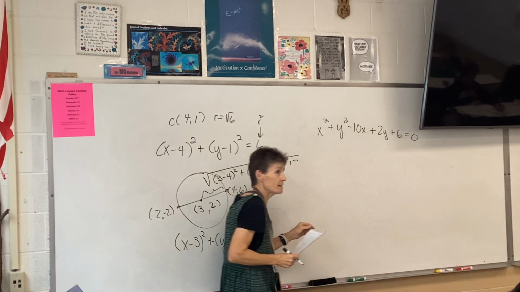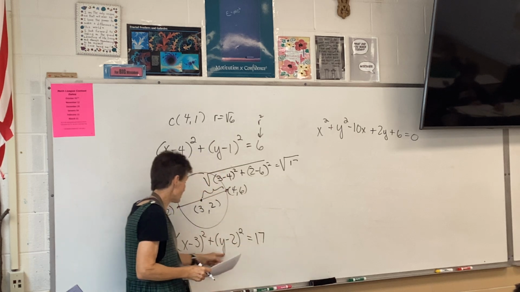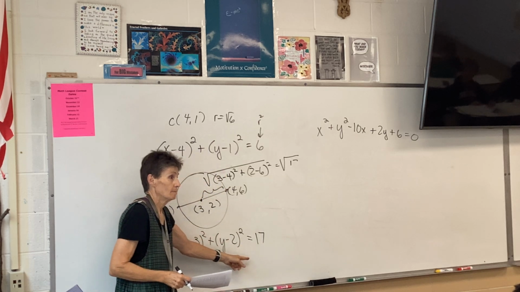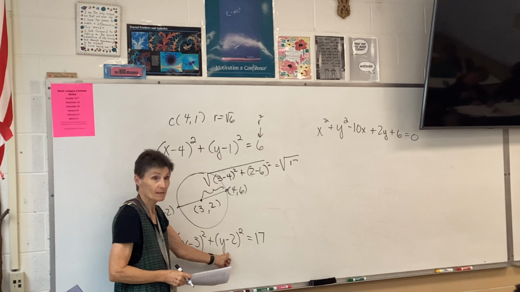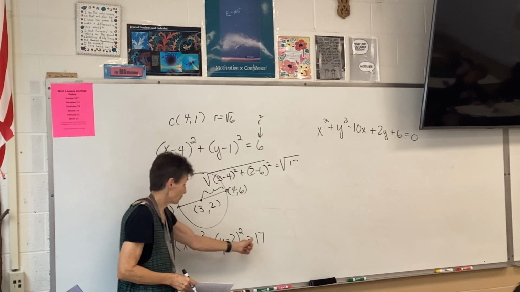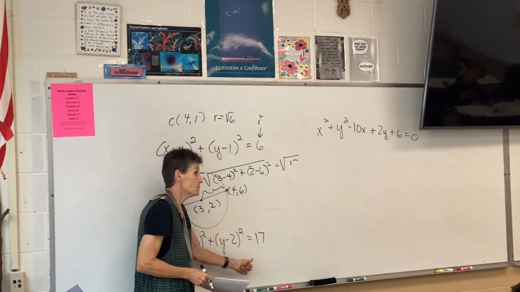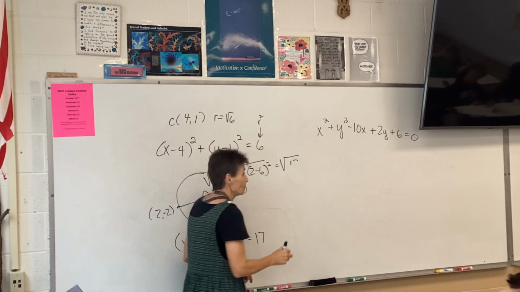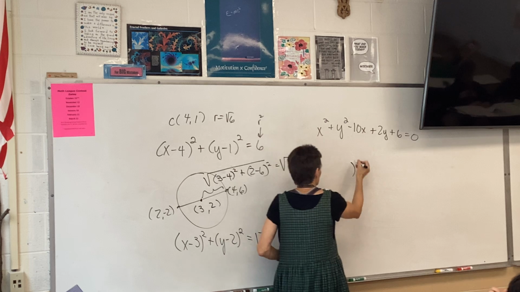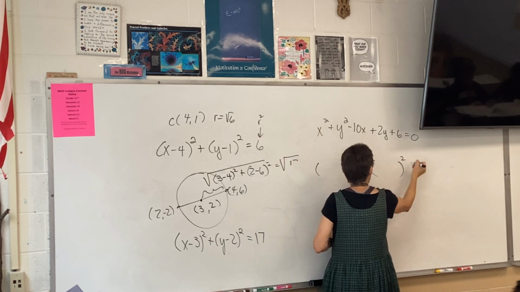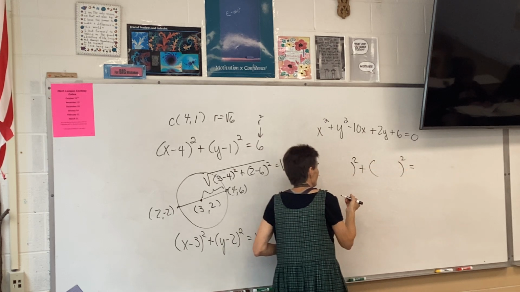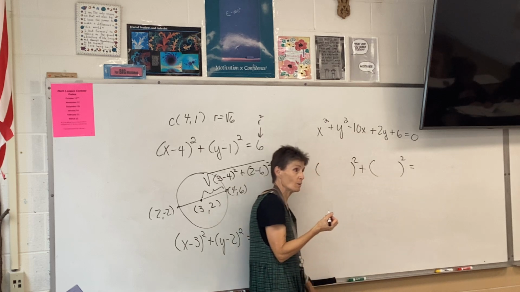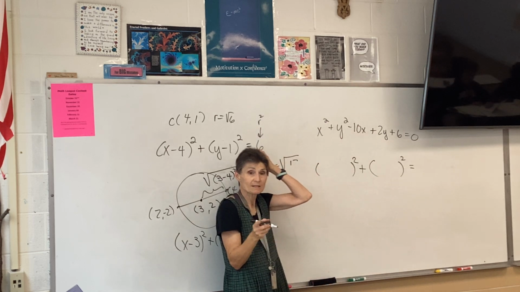So everyone agrees that if the equation works like this, the center is easy and the radius is easy, right? So we're going to have to make that equation look like this. So what are we going to do? Not really factor. We need to complete the square, guys. We need to make squares.